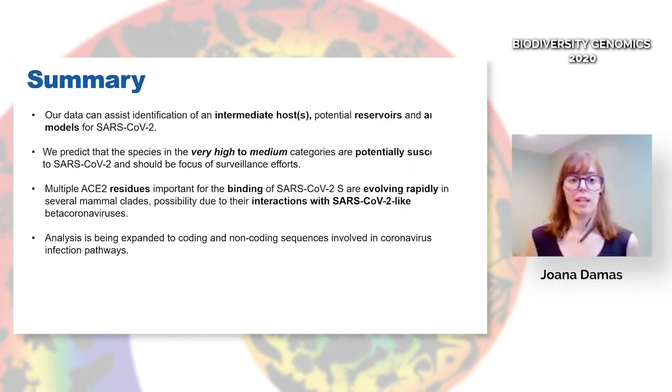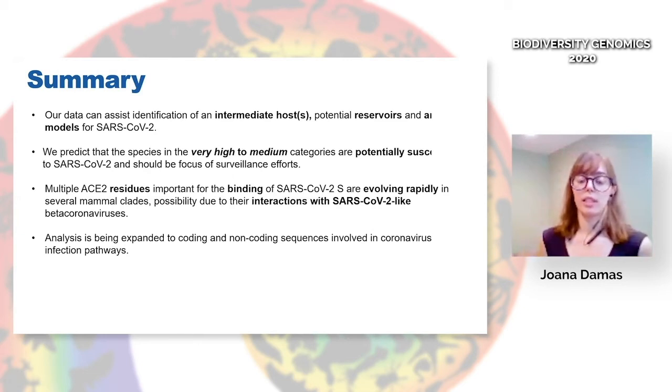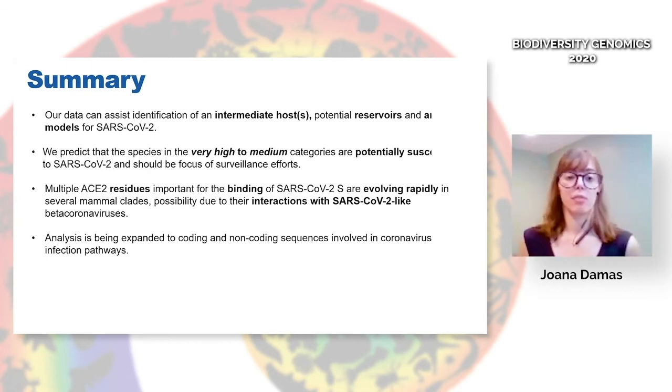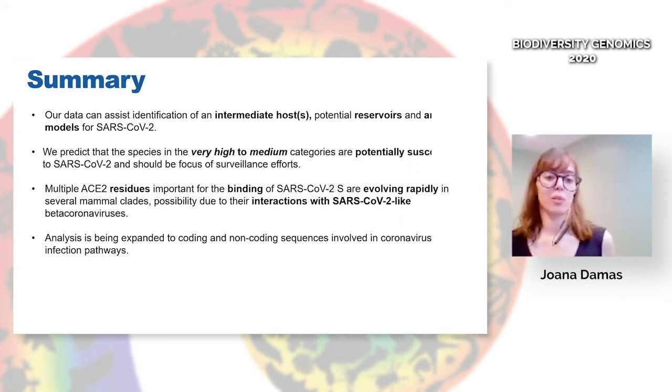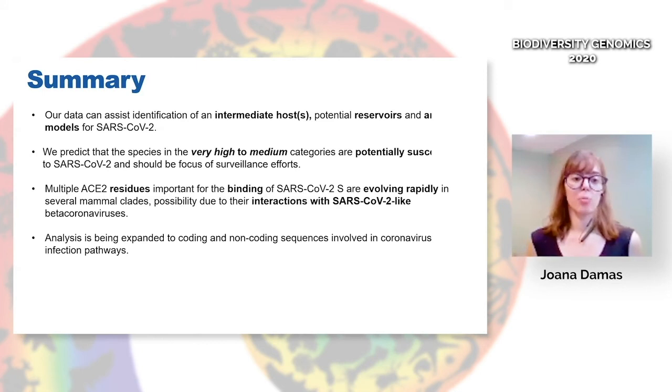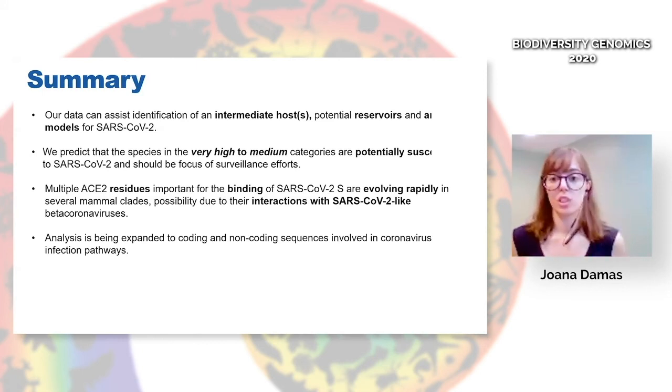We also found that there are multiple ACE2 residues that are important for binding that are evolving rapidly in several mammalian clades. And as I said, this is possibly due to their interaction with SARS-CoV-2-like beta coronaviruses. And at this moment, we are expanding this analysis to coding and non-coding regions evolving in coronavirus infection pathways.